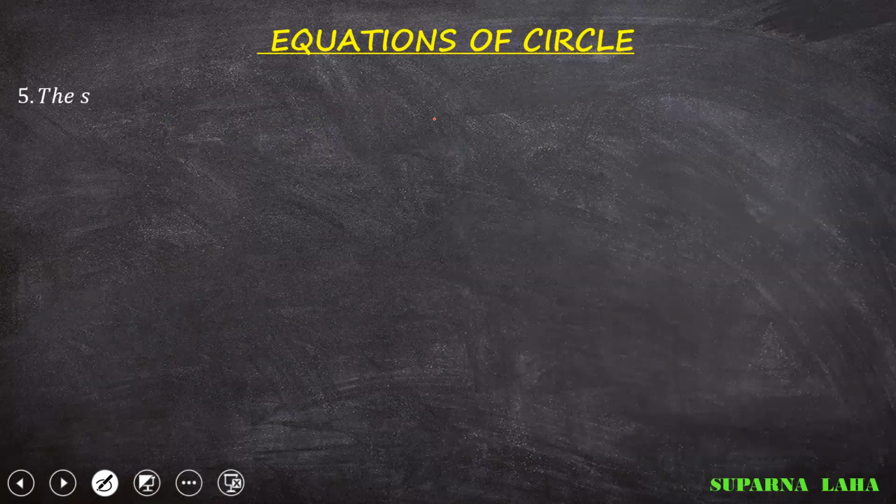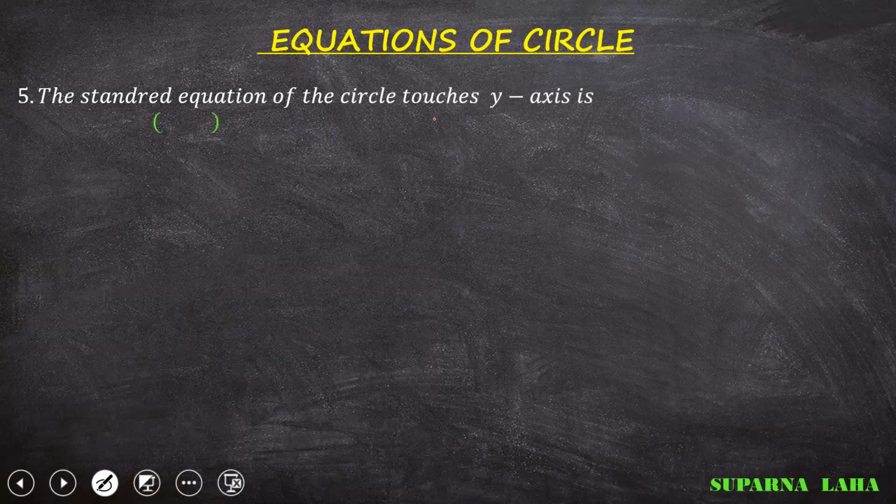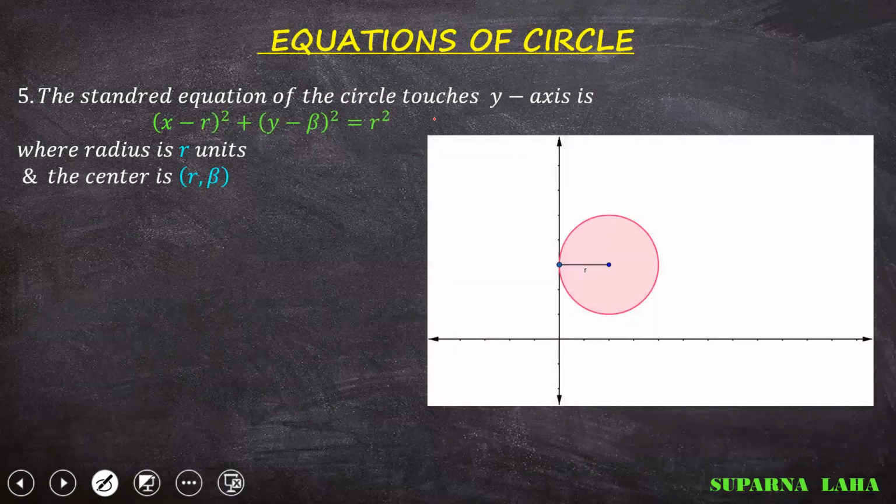Similarly, if the circle touches the y-axis, that time its equation will look like this. How does its equation look? First of all, draw the circle touching the y-axis. Now this is the center, alpha comma beta, right? If I draw the perpendicular from here, this will be alpha and this will be beta.